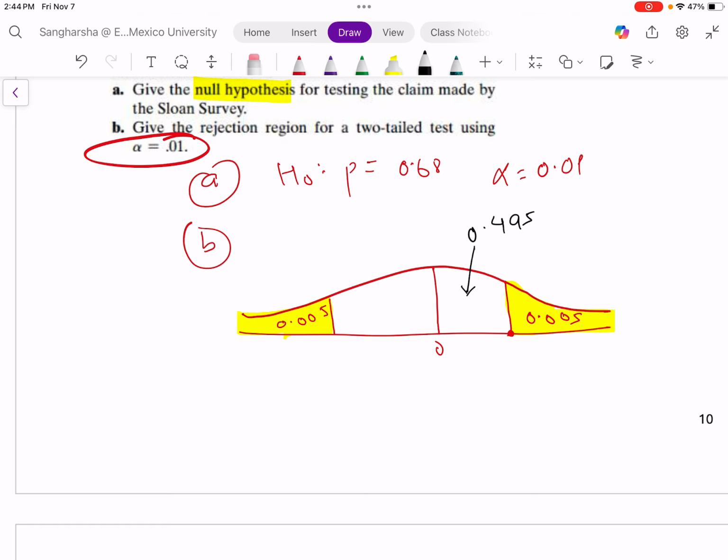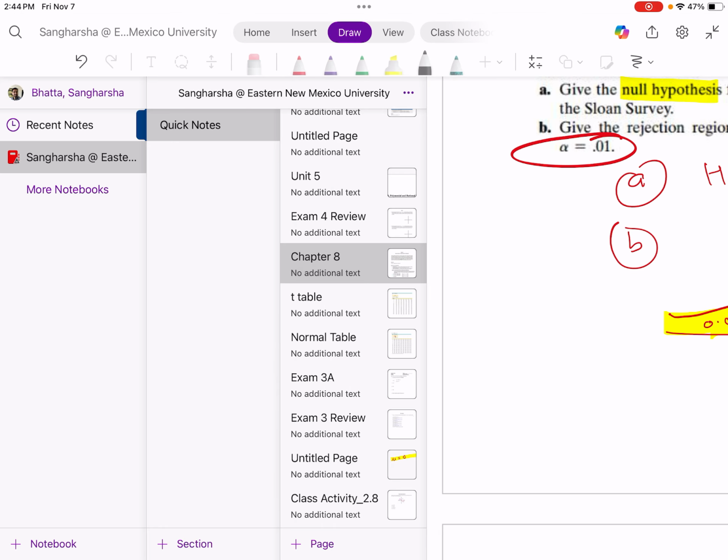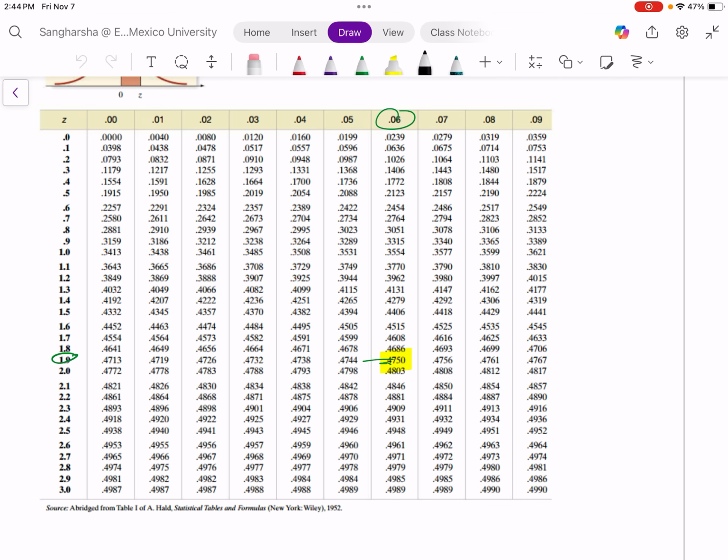Now we use our z table, look for a number close to this, and the corresponding z value will be the z for this point. So let's go to the normal table and look for 0.495 here.